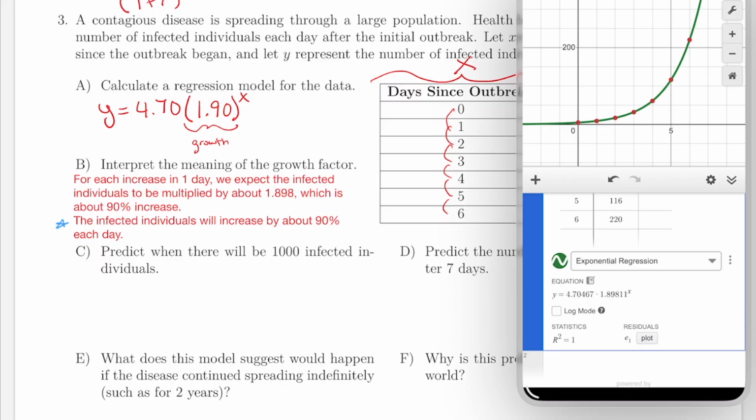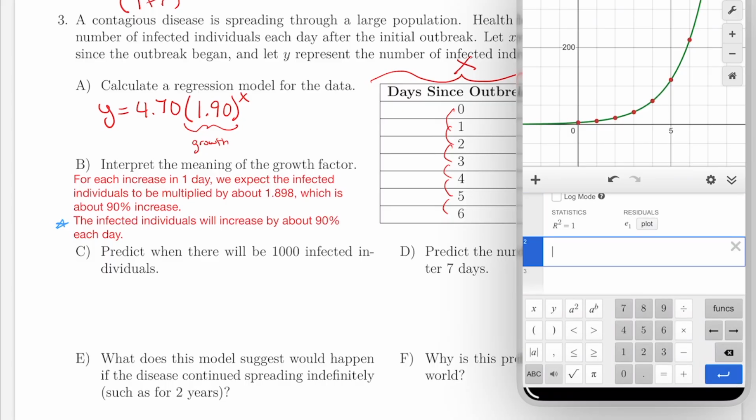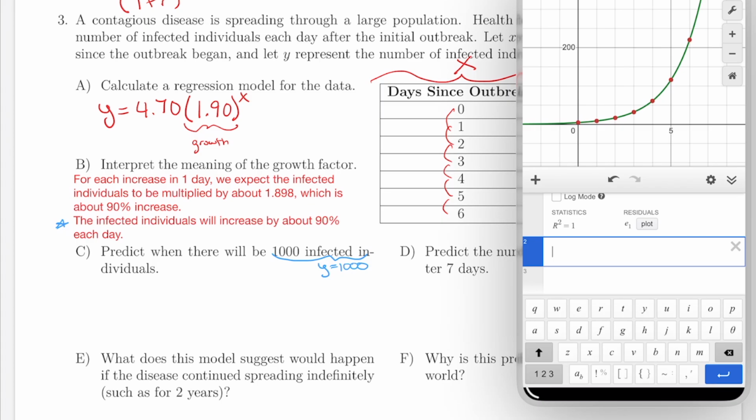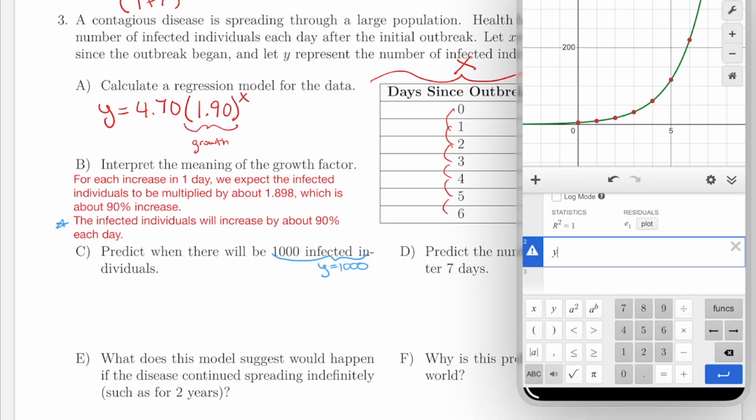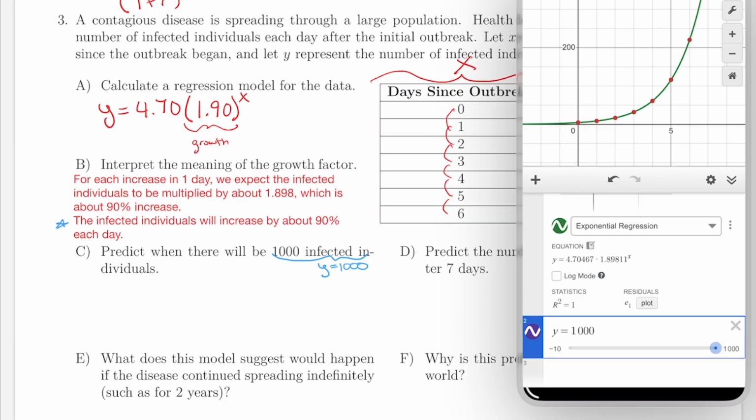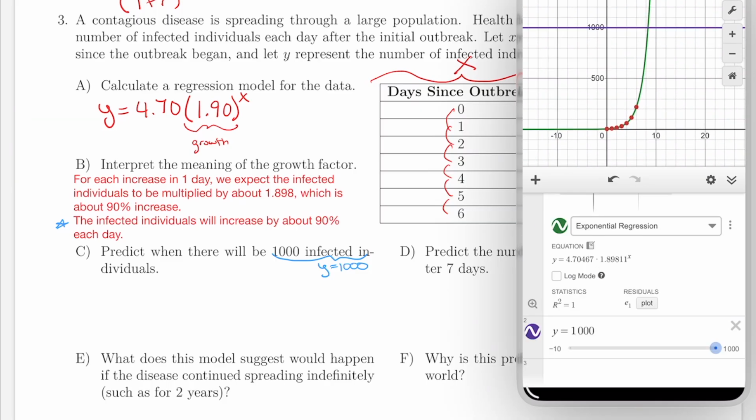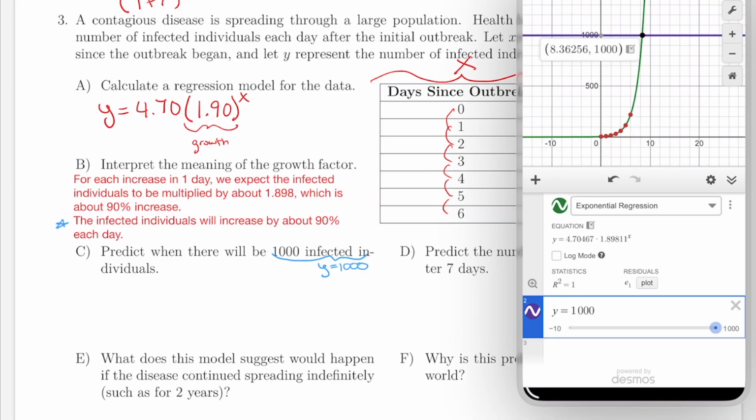Next, predict when there will be 1,000 individuals infected. So we'll come down here, and 1,000 infected individuals, that's y equals 1,000, because days are x, infected people are y. So I'm going to come down and just type in y equals 1,000. Now I've got to zoom out a little bit, and we could say this.